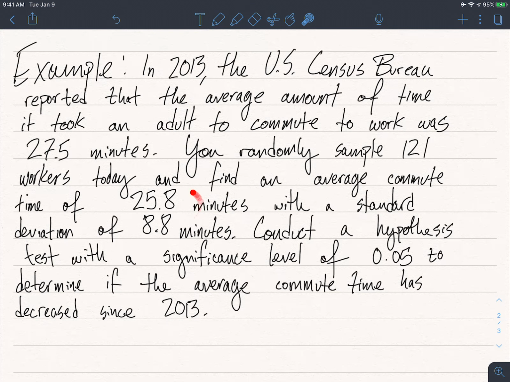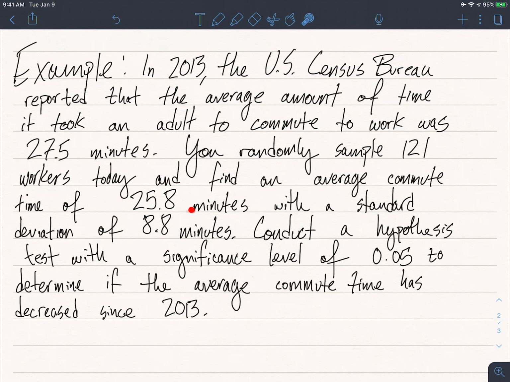And these numbers came from your sample, right? Out of these 121 people, you add up all of the times they take to get to work, divide by 121, and you get 25.8. And similar for standard deviation, you can calculate it out yourself with a bunch of data, but I've decided to just give you the summary of the data right here.